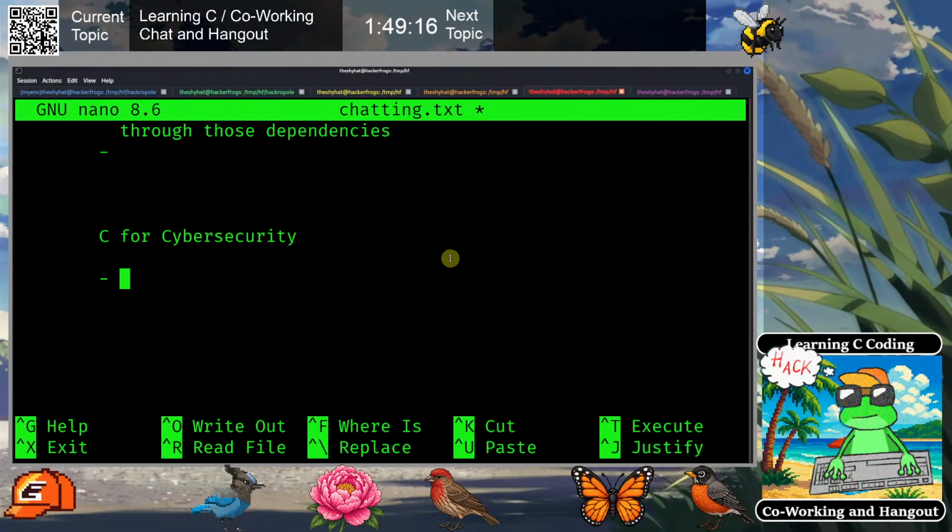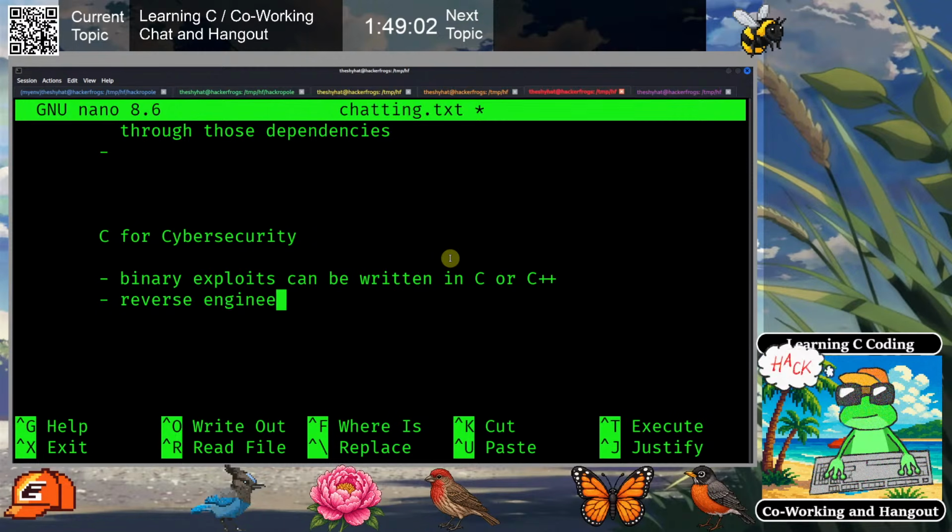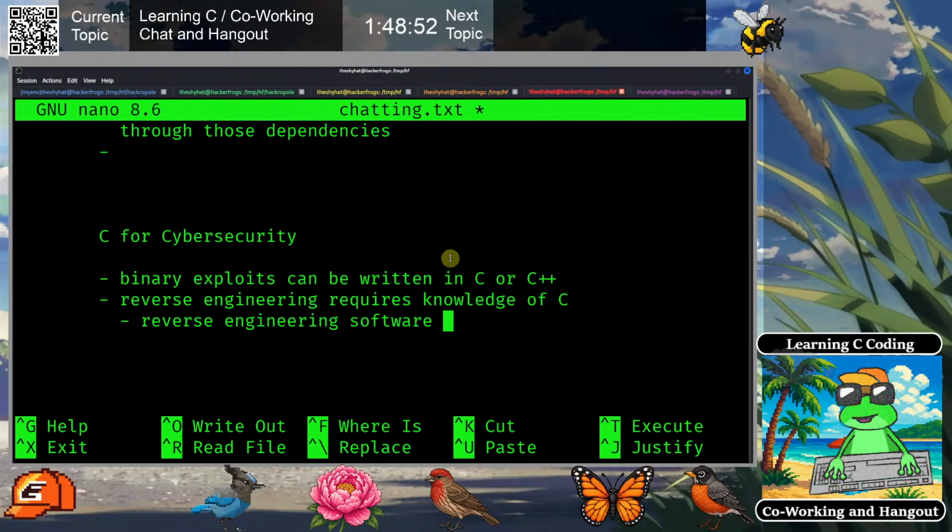Binary exploits can be written in C or C++. Reverse engineering requires knowledge of C because reverse engineering software, what is the term again?